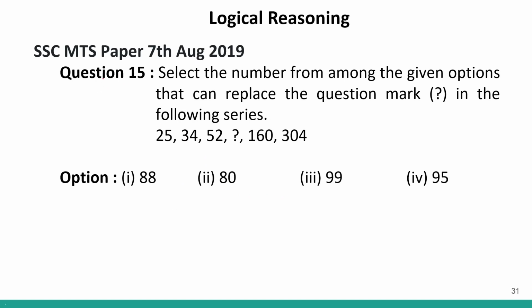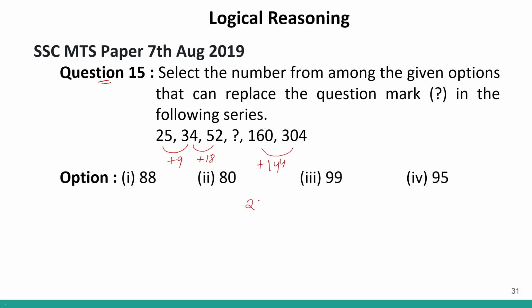Now, question number 15. Certain numbers are given to us and we have to find out the logic. If I look over here, 25 and 34, I can see an addition of 9. Whereas from 34 to 52, I can see an addition of 18. And from 160 to 304, I can see an addition of 144. So here I cannot actually make any logic.